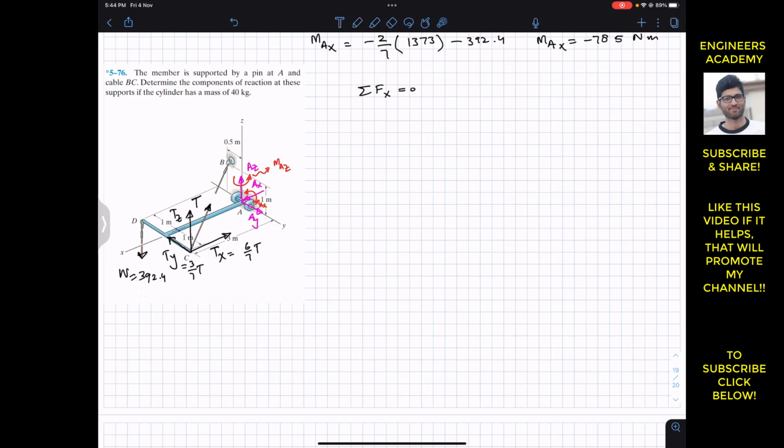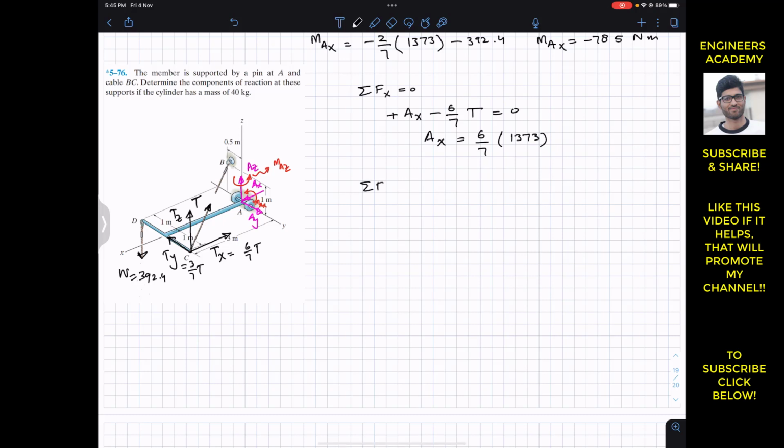We have this ax acting in the positive x, so I will write plus ax. Then tx is acting in the negative x, so we will write minus 6 divided by 7t, and this is equal to 0. There is no other force along the x direction. So ax is equal to 6 divided by 7t, and t is 1373. We will find it later.